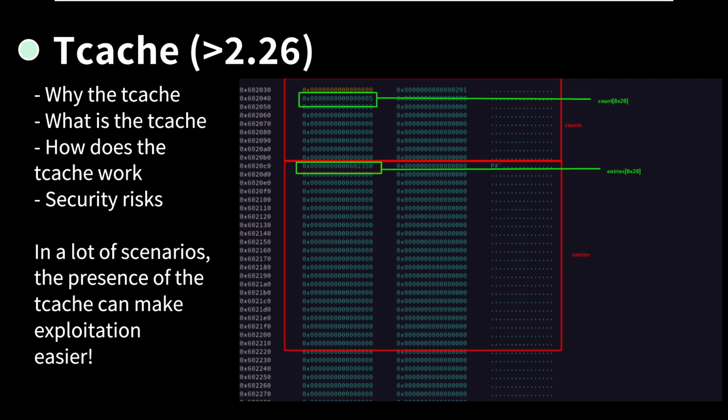So the T-cache is going to service sizes, I believe, up to 0x600, I want to say, or 0x500. And basically, once we service something and it gets put into the T-cache after we free it, its relevant count entry is going to be incremented by 1.